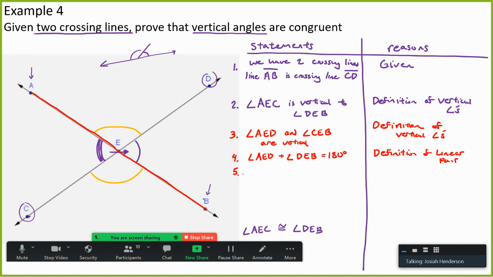And if we put the same thing in for step 5, except for the bottom angles, so angle AEC plus angle CEB, that also equals 180. Again, definition of linear pair.